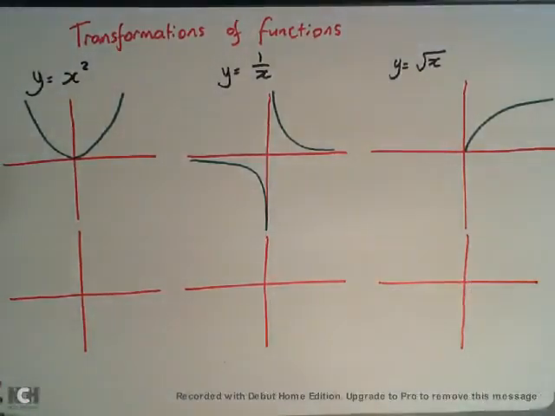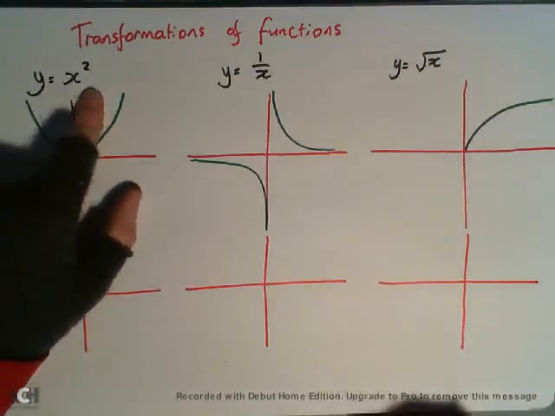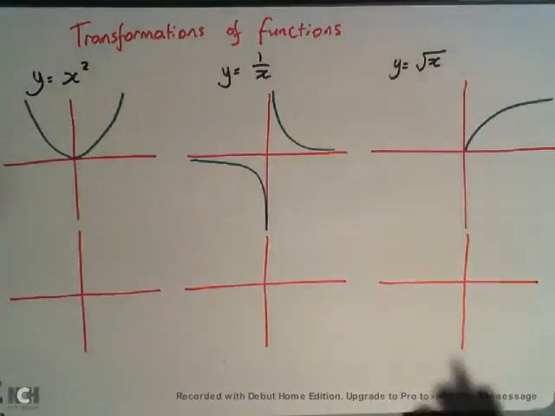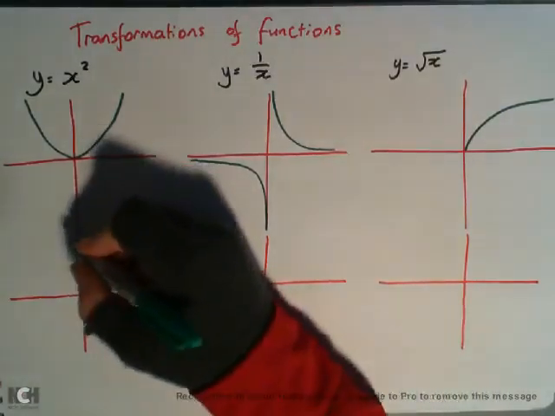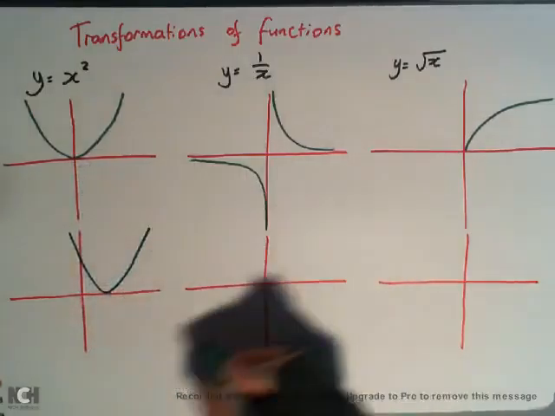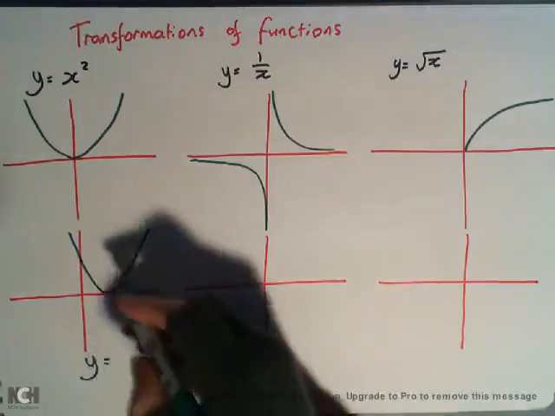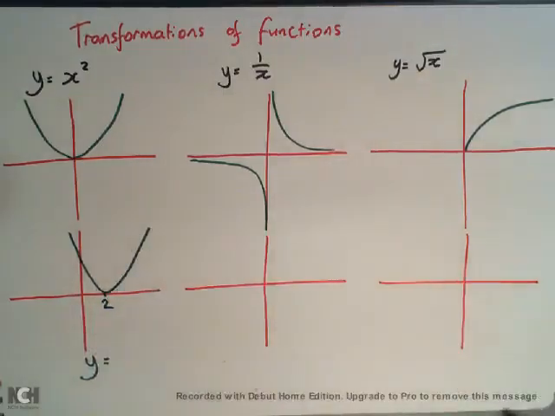Okay, new set of axes. Now, y equals x squared, we've had a look at this in previous chapters. What happens moving it left or right? I'm just going to have the example. What does the function look like if we've moved it across 2?